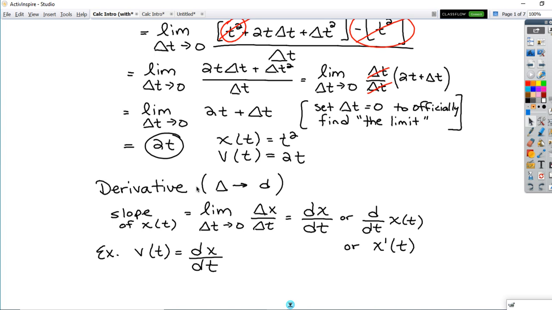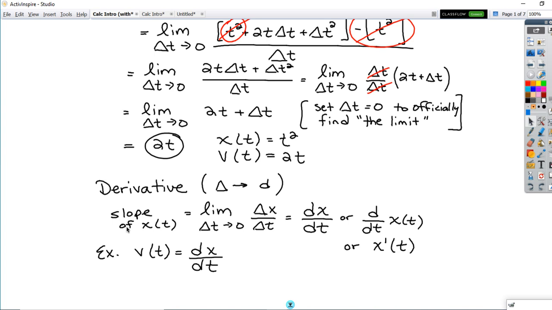Instead of writing the limit, we can eliminate the need to write the limit by first replacing the deltas, which, if you remember, actually is the letter D in Greek. We replace the deltas in our formula with the letter D for derivative.